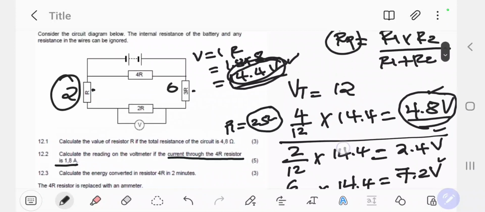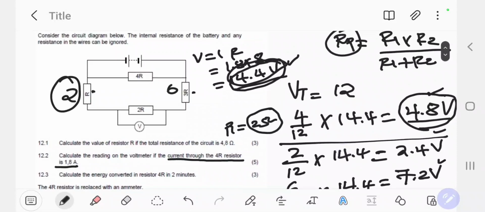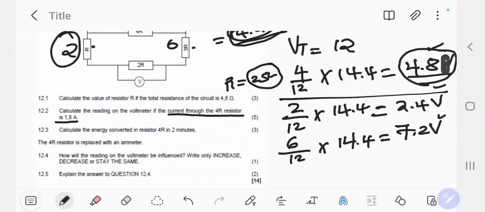And they gave us the current flowing in the 4R resistor, and we calculated and found that the current is 1.8 and the voltage there is 14.4. I'm just trying to quickly look for the next method that we can use in order to get to the next calculation there.